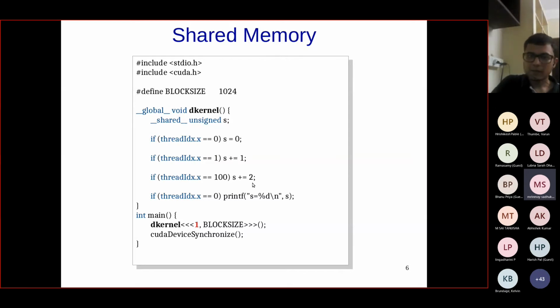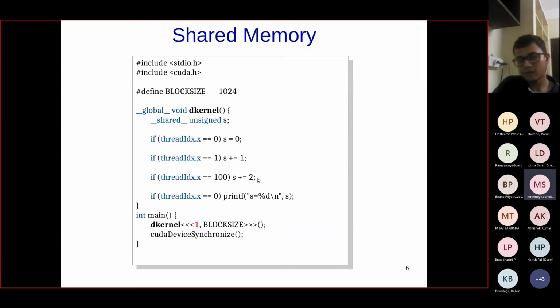But before storing that garbage plus 2 into s, that storage is pending. Before that storage happens, thread 0 assigned value 0 to s. It did s equals to s plus 1, so here the value of s was 1. But after that, the storage of garbage plus 2 to s happens.